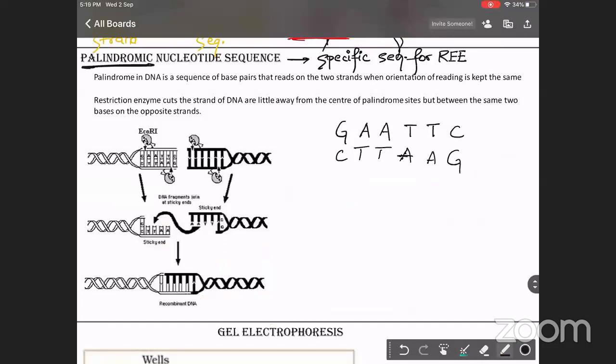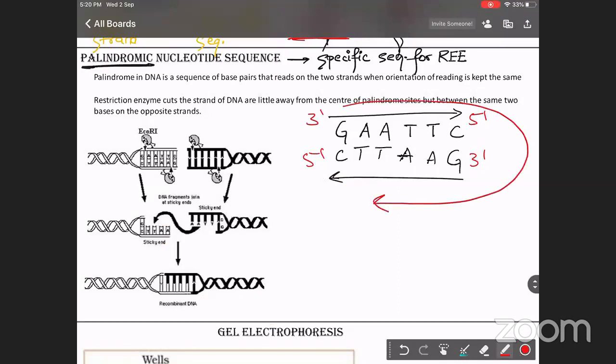Okay, and if you notice, these nucleotide sequences are the same, GATTC and GATTC, when read in a single orientation. If we start from 3 to 5 and go 3 to 5, in the same orientation like this, or if you go in this orientation only, you will get the same sequence, GATTC and GATTC.